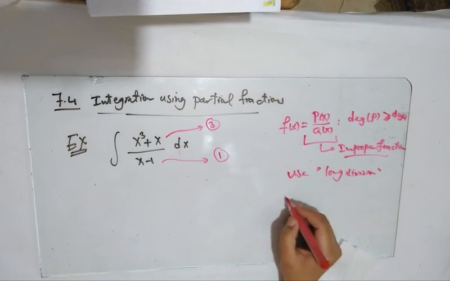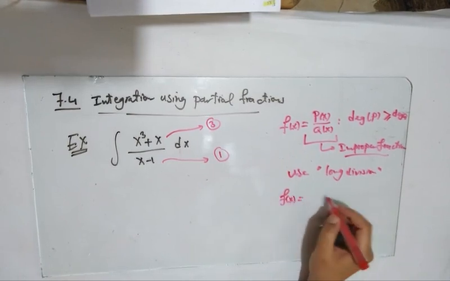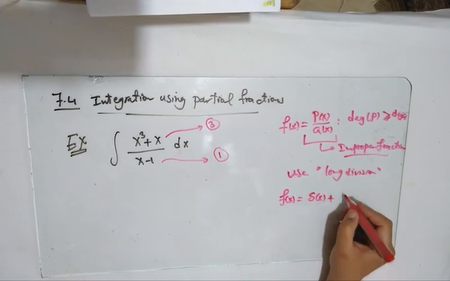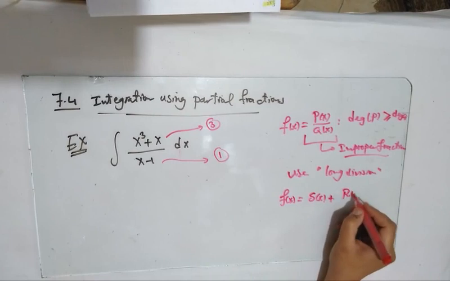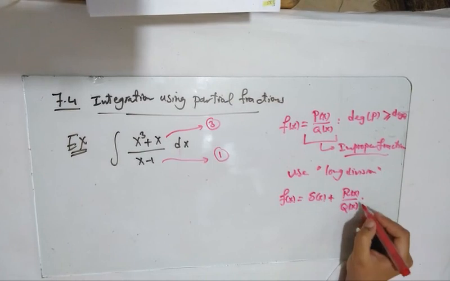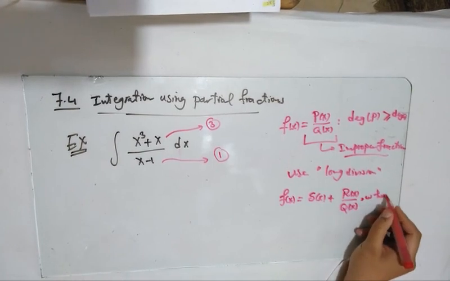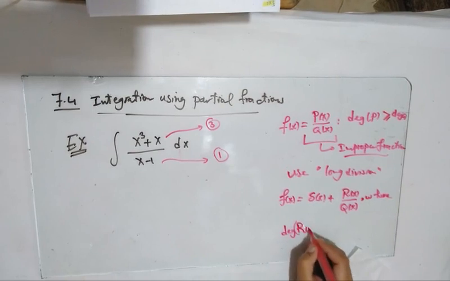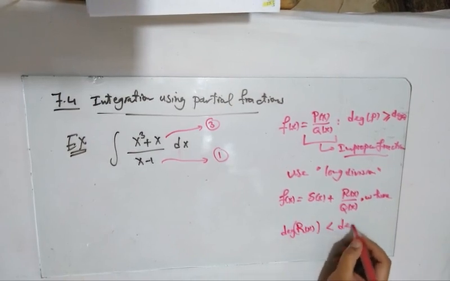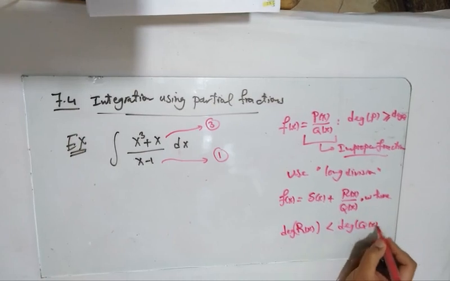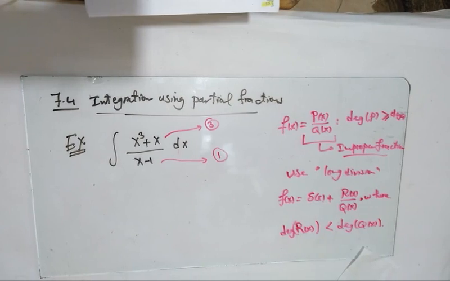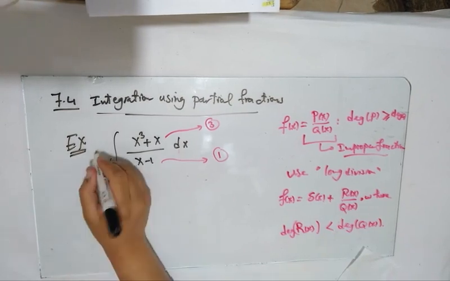So using the long division, you can rewrite f of x as, for example, s of x plus r of x over q of x, where the degree of r of x is less than the degree of q of x. And this point will make our problem much easier. Let's see that in our example.